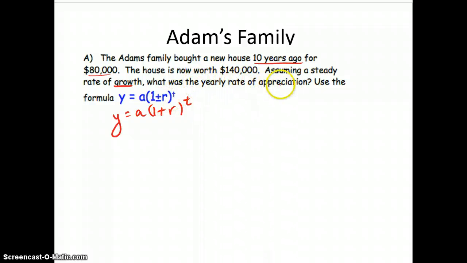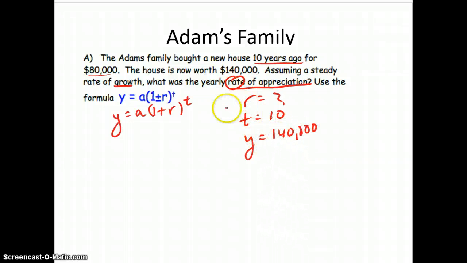The yearly rate of appreciation, this rate, that's still R. So we're looking for R. T was 10 years. The house is now worth 140. That means that the final amount that it's worth is 140. And we initially invested, or we initially spent, A.